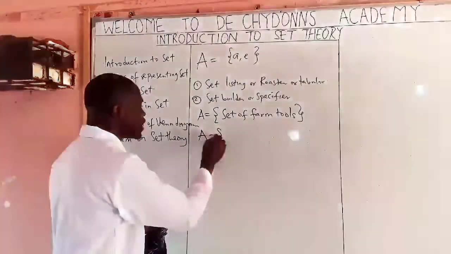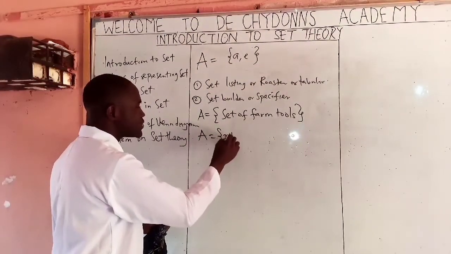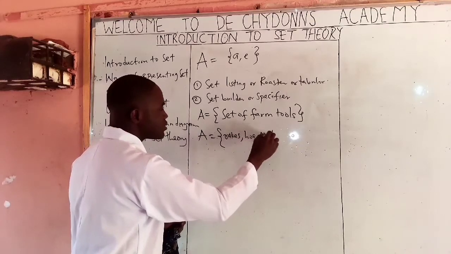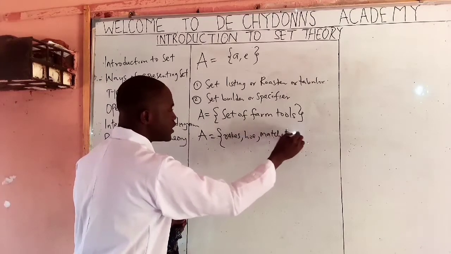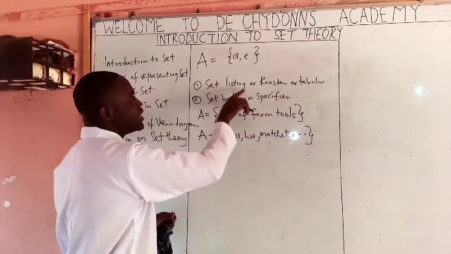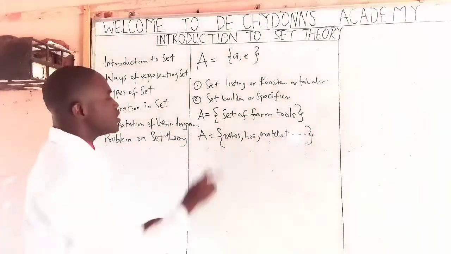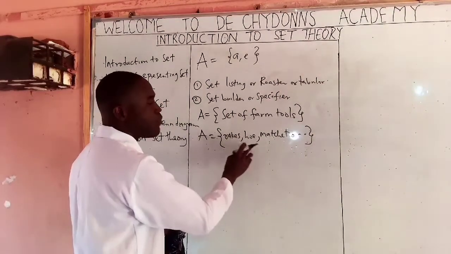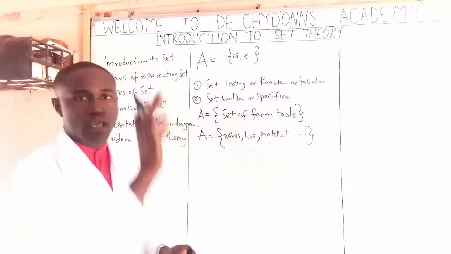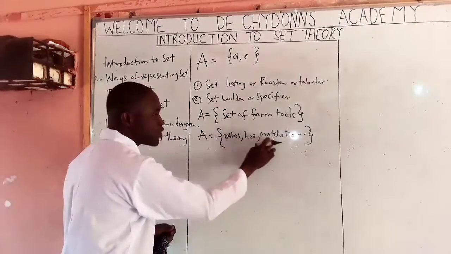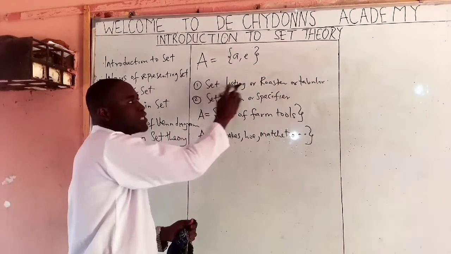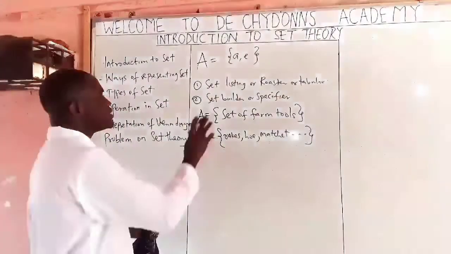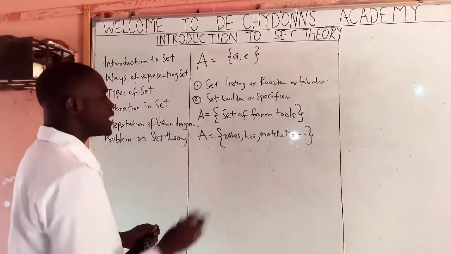But when you say the set of farm tools are rakes, hoe, machete, etc., that is the set listing or roster method because each of the elements is written out one after the other, using a comma to separate one from the other. So these are two ways of representing a set.